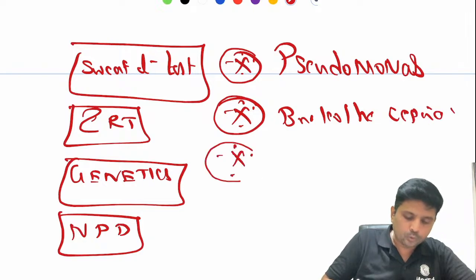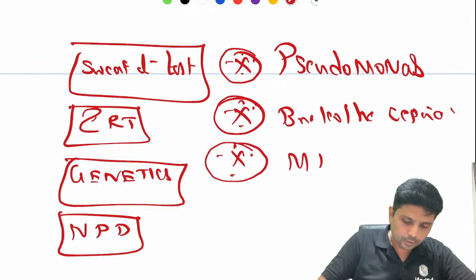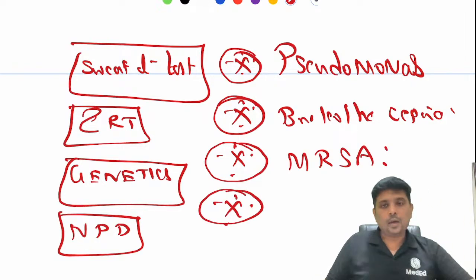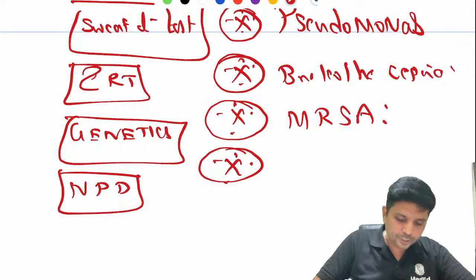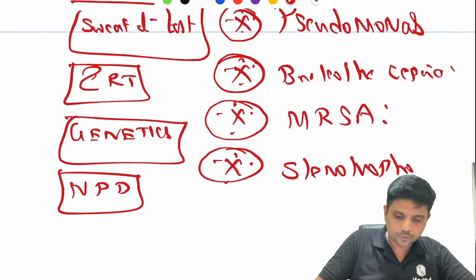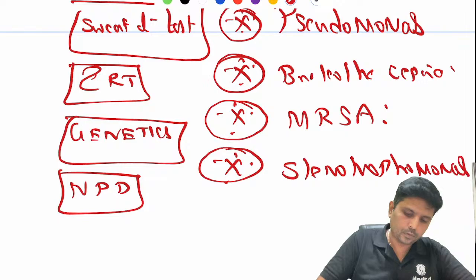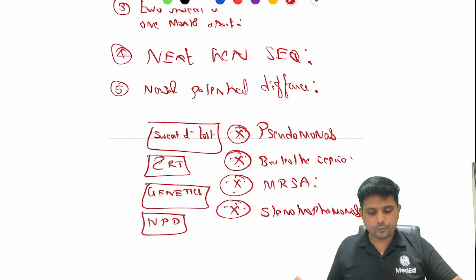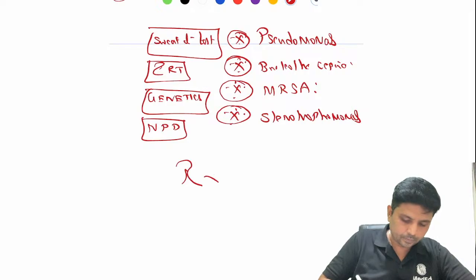Also, they are prone to methicillin resistant Staph aureus and one more bug called Stenotrophomonas. Okay, right. So, what is the treatment?